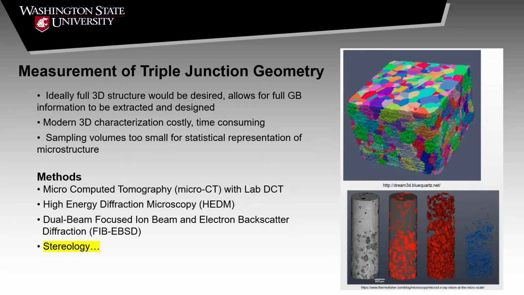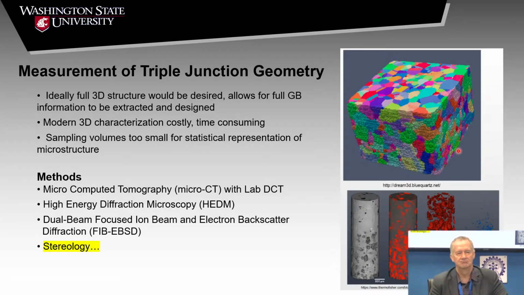In general, if we're looking at a distribution like this made with a dual beam FIB, it's going to take 3 days. And the size of this is maybe 50 microns on the side. 50, maybe 100 microns.